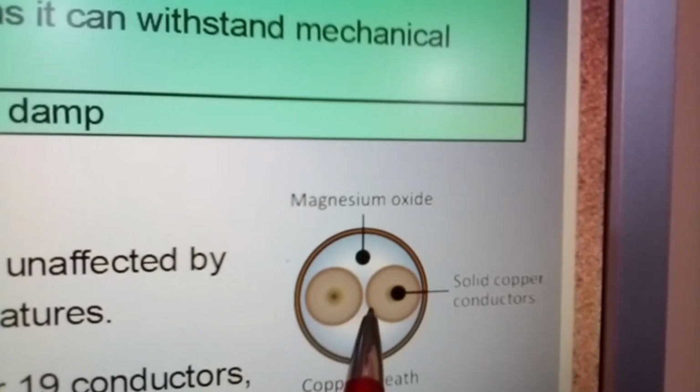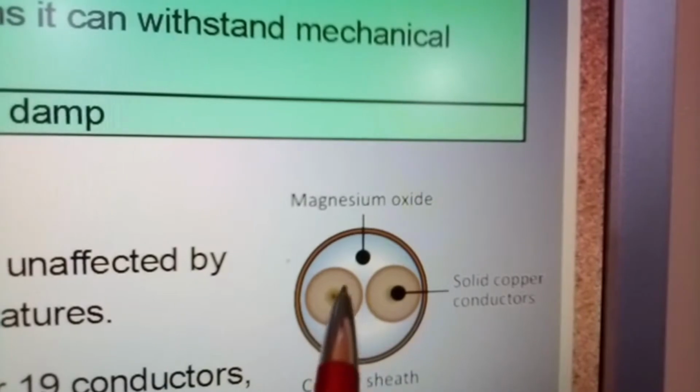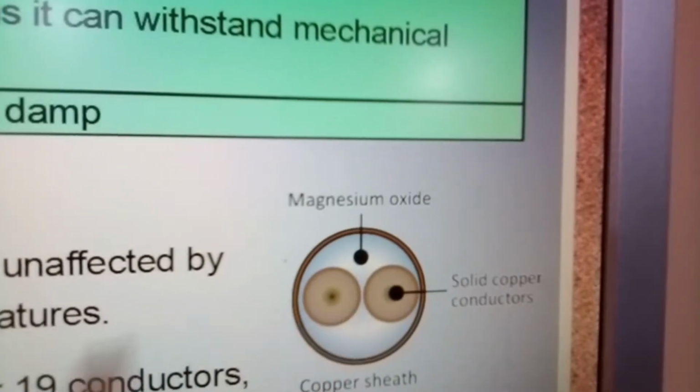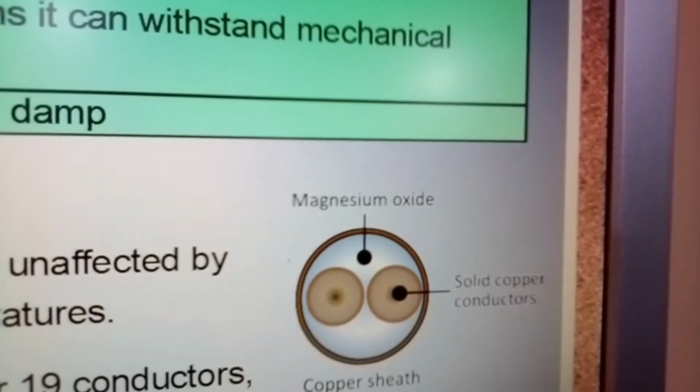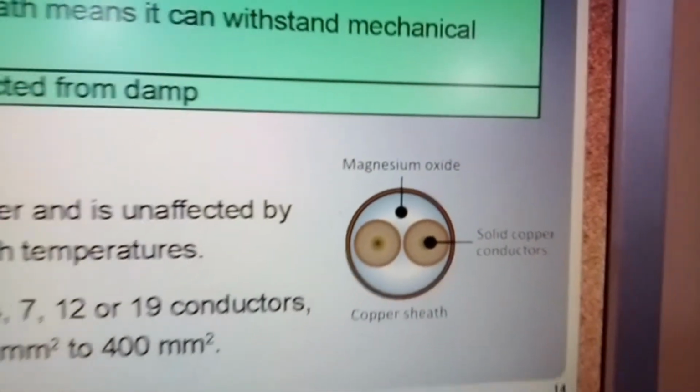So when you come to measure it out or you test it, you find that it goes down to ground. So you need to make sure that when you're connecting these up, that every last piece of fiber of copper has been removed, okay? Otherwise you'll get a defective reading.